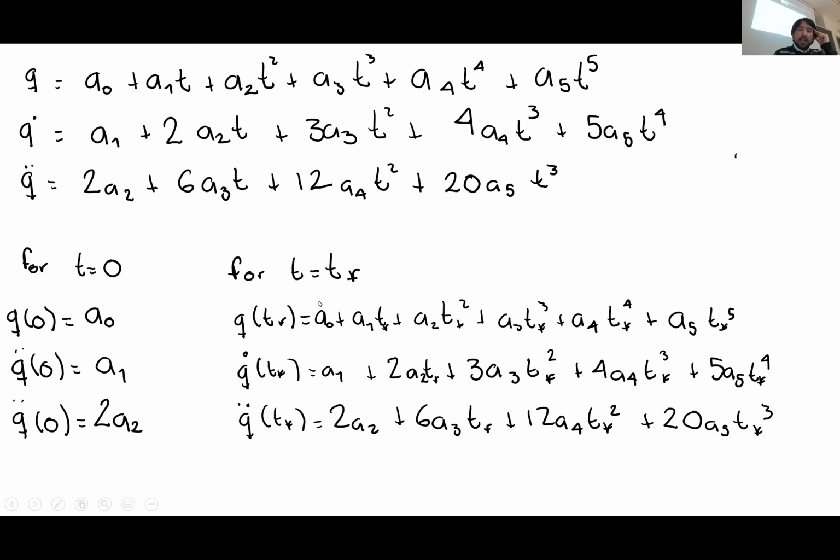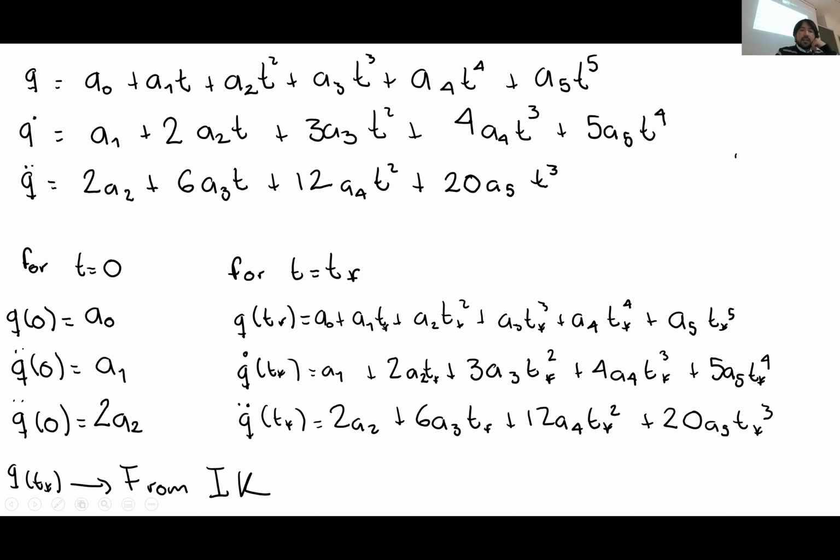These are the equations substituting TF, the final time. And we know q(TF) from our solution of the inverse kinematics, because if we want to move to a point, we get the joint positions at that point using our inverse kinematics, and then we can work out these equations.